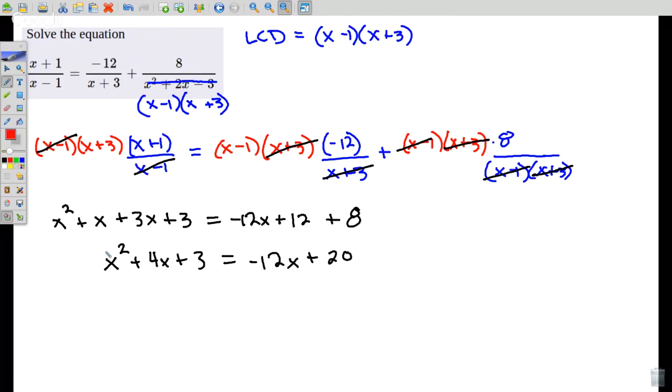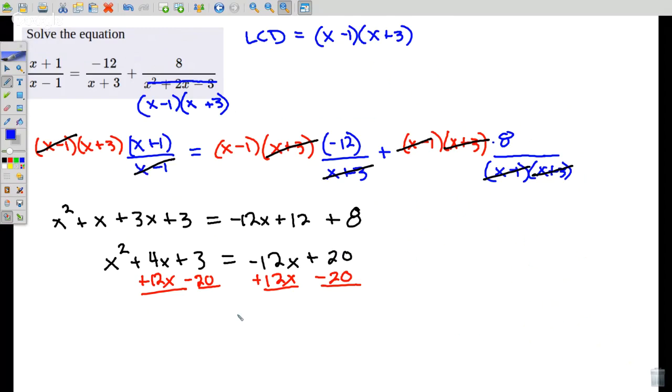Since I have a square, I'm going to move everything to the left so I can get a 0 on the right. So that means I'll have to add 12x to each side, lining up like terms. Now I'll have to subtract 20, lining up like terms. So negative 12x plus 12x is a 0.